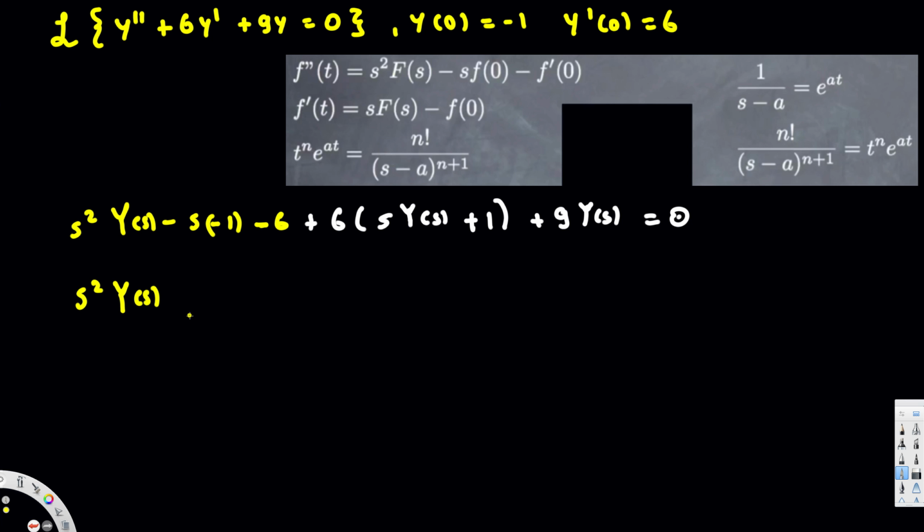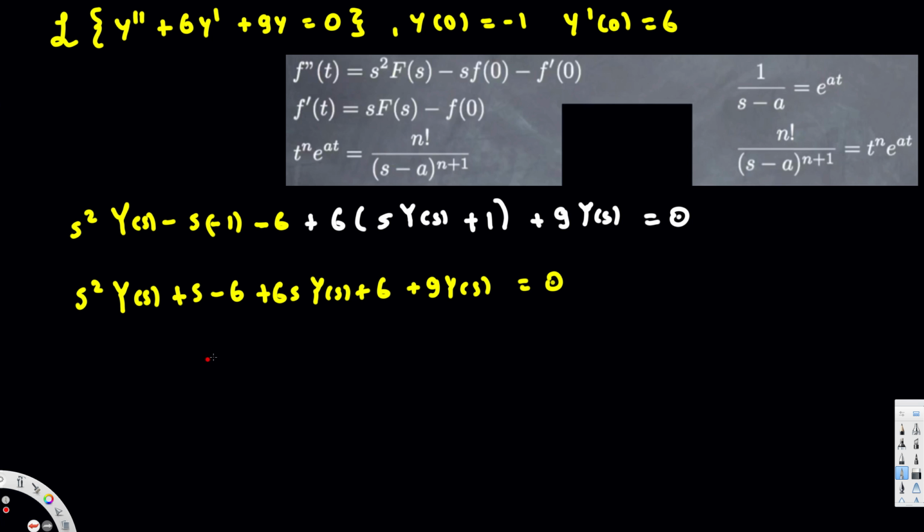Before I do that, it's better to simplify first. s times negative 1 becomes minus s... the term becomes plus s. Here we have minus 6 plus 6s Y of s, and 6 times plus 1 is plus 6. And here we have plus 9 Y of s equal to 0.